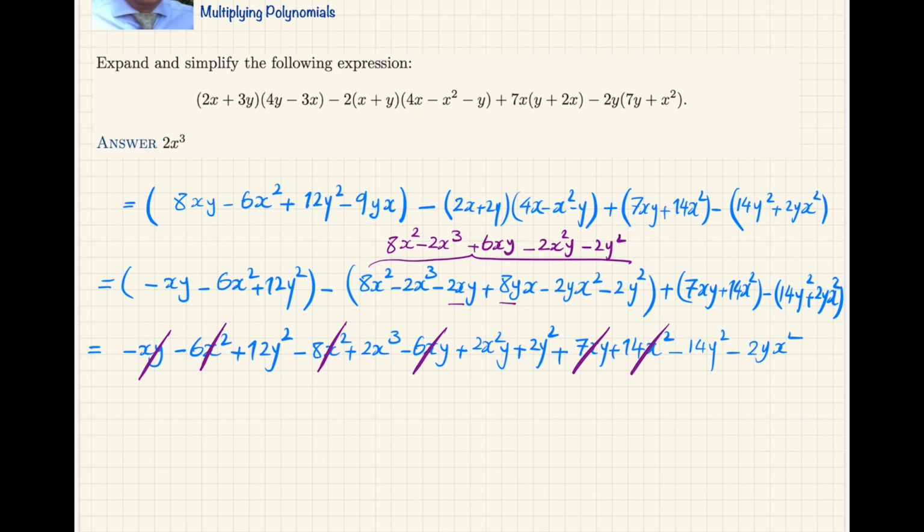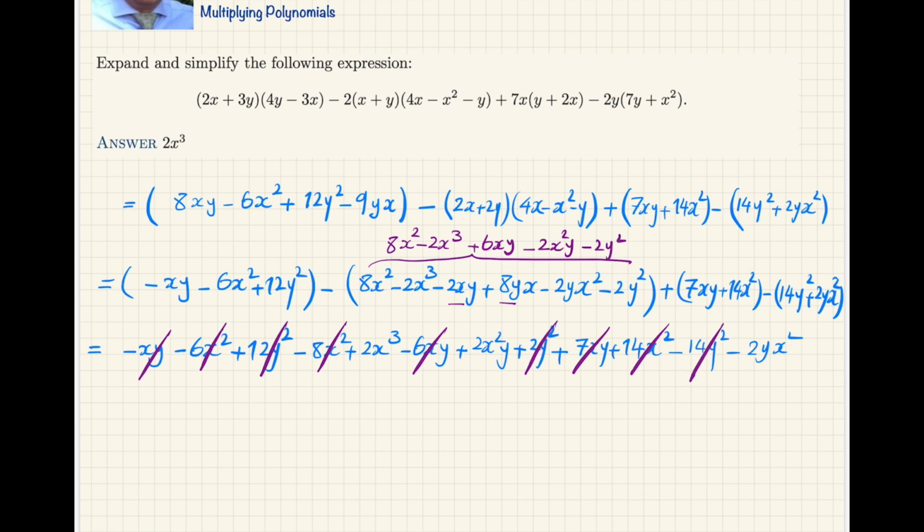Okay, now let us continue to see what more we have. So here I have 12y squared plus 2y squared, which are similar. It becomes 14y squared, but then I have minus 14y squared, so they are again cancelled out, yes?